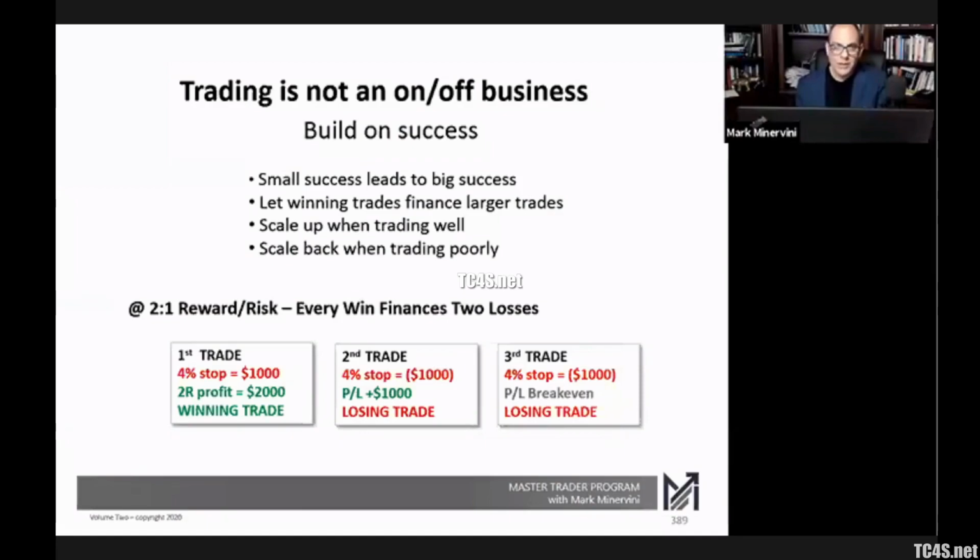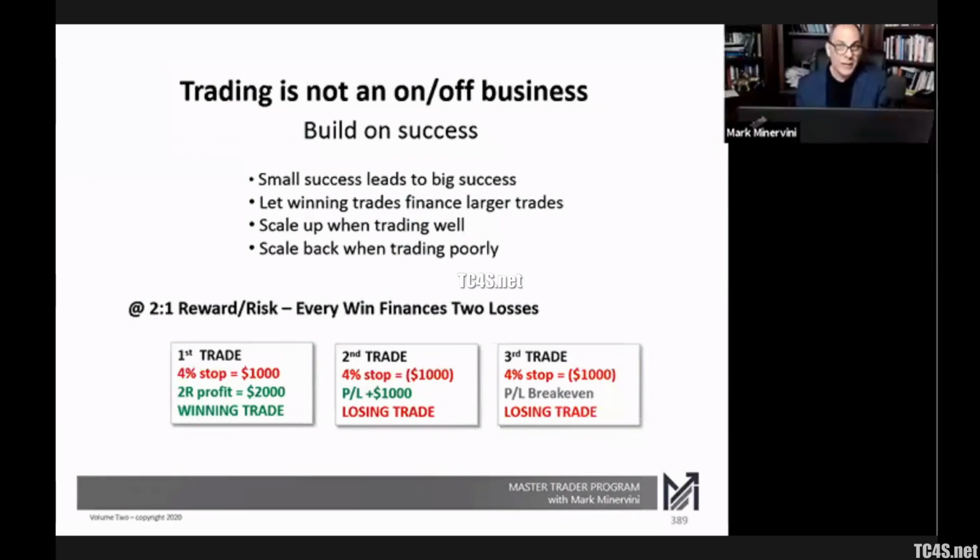Progressive exposure just means that you're letting success finance future trades. So you're never getting a lot of exposure in the market until you've already gotten some traction and seen some success with smaller exposure. So the general rule is small success leads to bigger success.